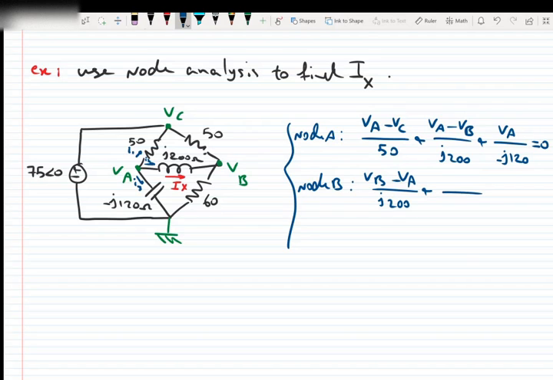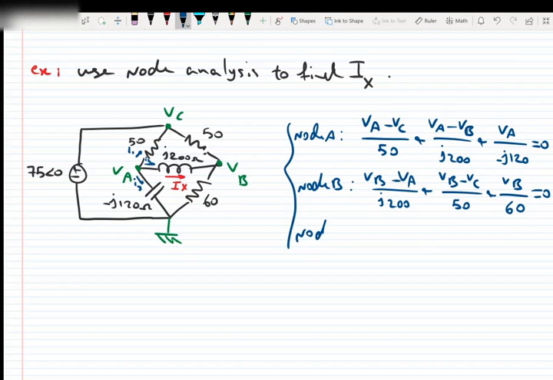The current passing through VB to VC is VB minus VC over 50, and finally the current going from node B to the reference point, to the ground, is VB over 60, is equal to 0.